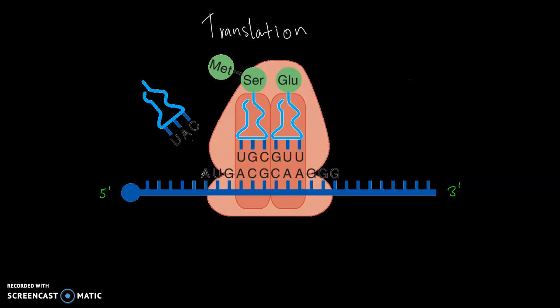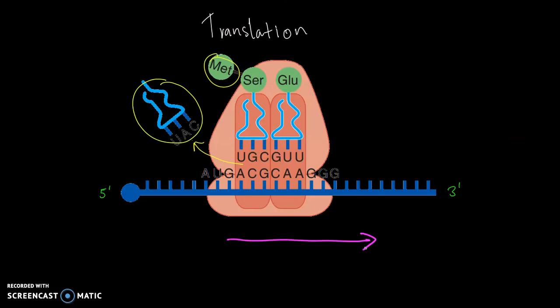The first amino acid, which is always methionine, is then going to be released from the tRNA molecule on the P site of the ribosome. The free tRNA molecule, which is the tRNA without its amino acid, leaves the P site of the ribosome.